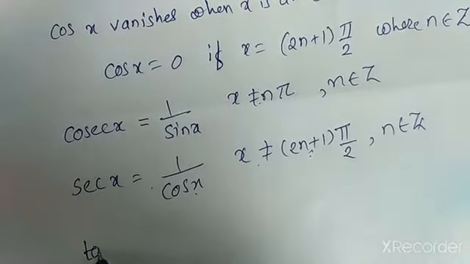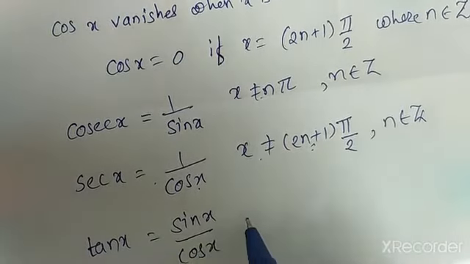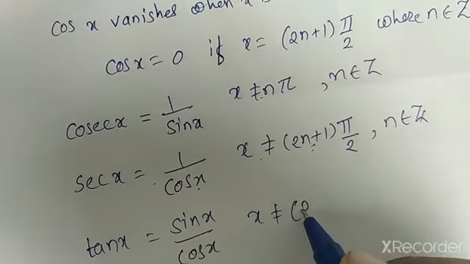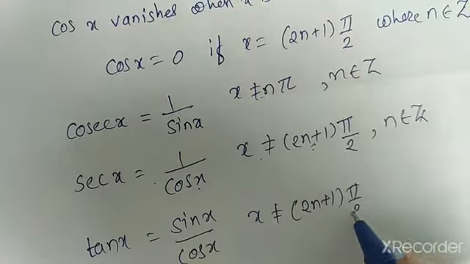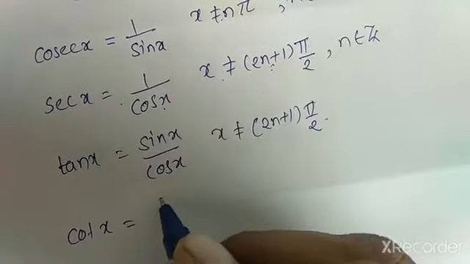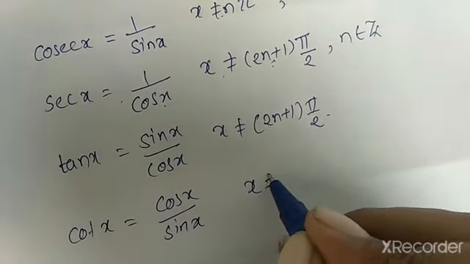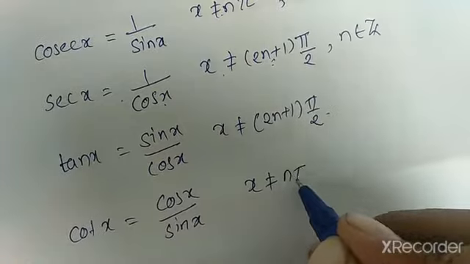Next, tan x is equal to sin x upon cos x, so again x is not equal to (2n+1)π/2. And cot x is equal to cos x upon sin x, where x is not equal to nπ.